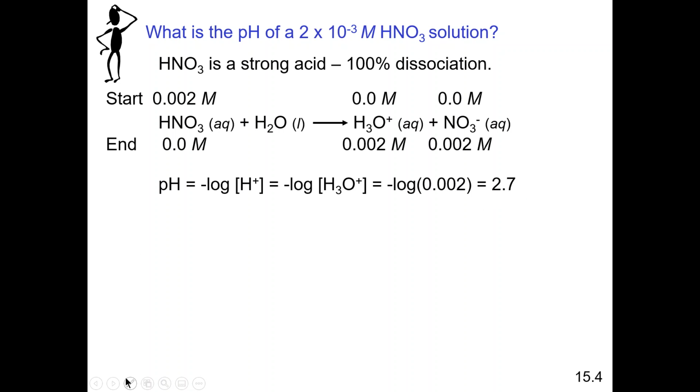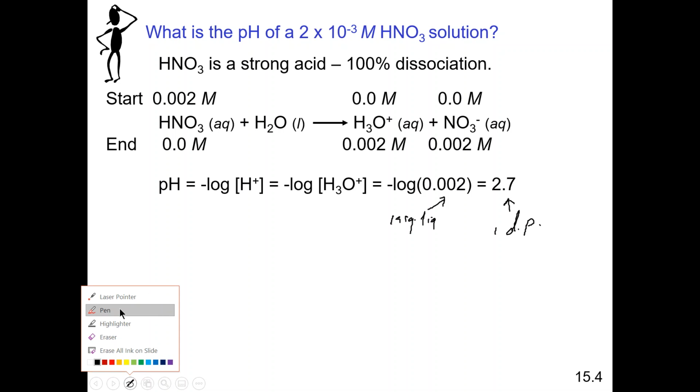So in other words, because this is expressed to one significant figure, one sig fig, that means the answer when you do the log should be expressed to one decimal place. All right? And that is true for any math that deals with log functions, right? Whatever the number of sig figs of the number that you're finding the log of, your final answer should be rounded off to the same number of decimal places.